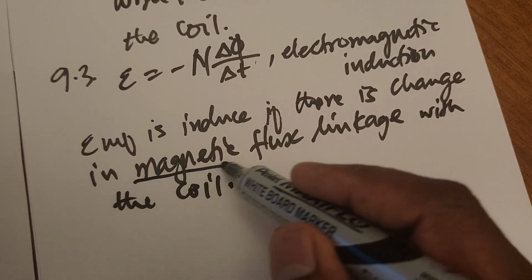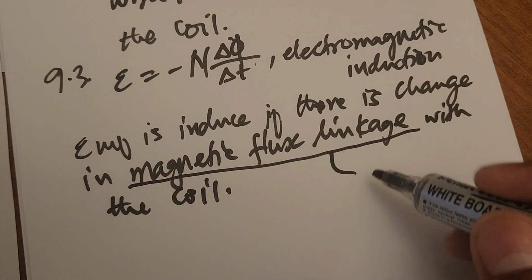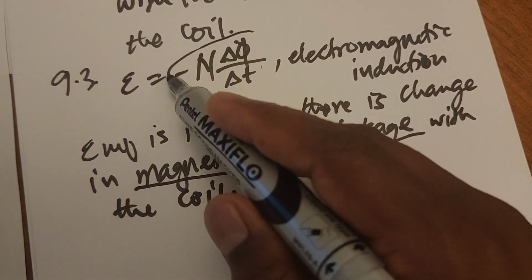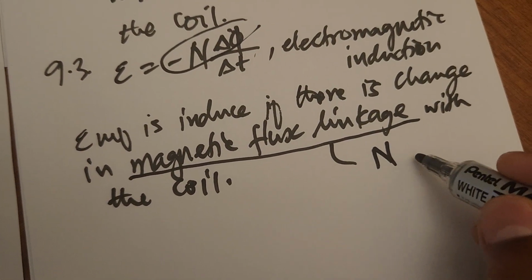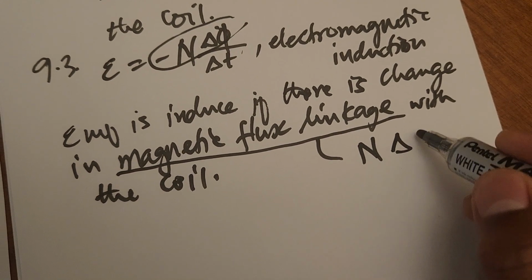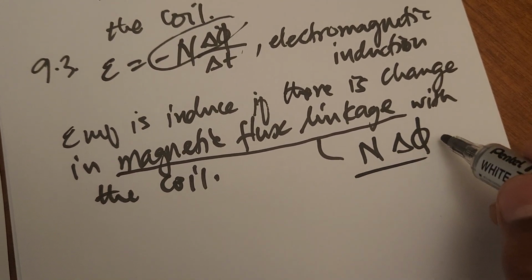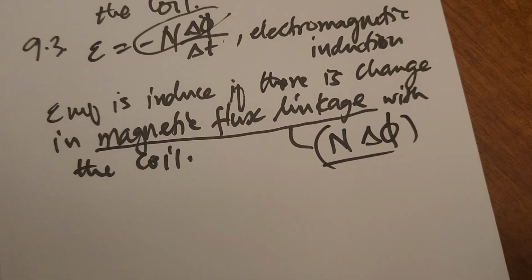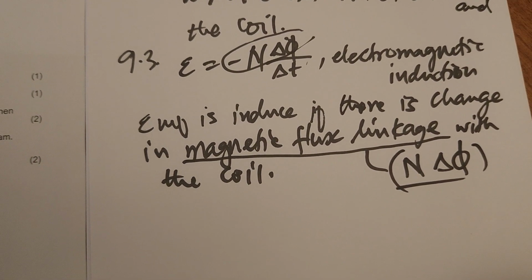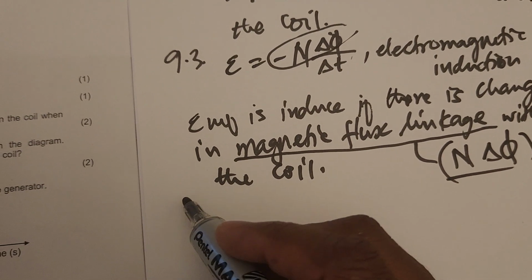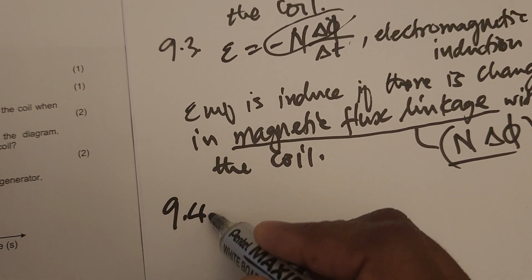Now, the magnetic flux linkage, if you don't know, it's normally this: the number of coils multiplied by the phi. This is what you call magnetic flux linkage. Okay, thanks.